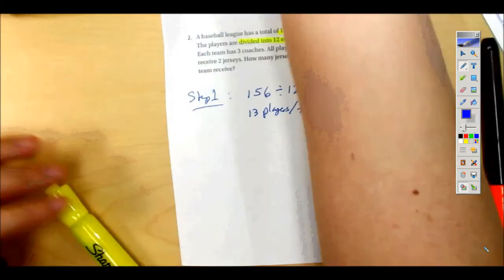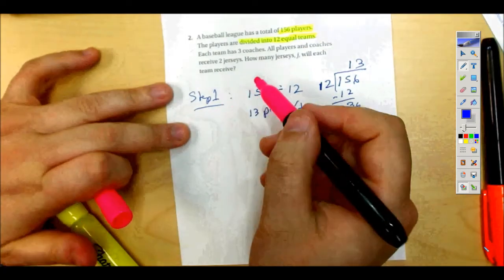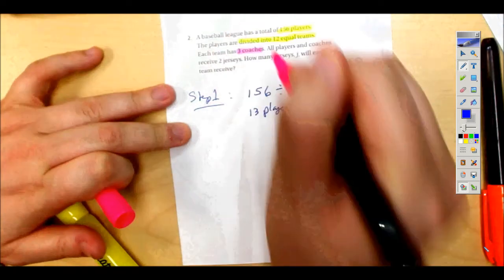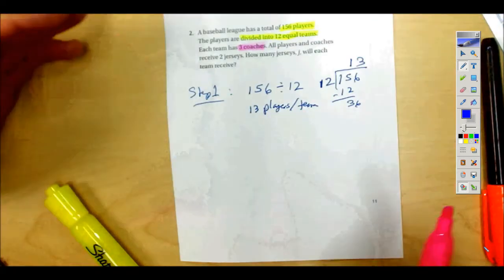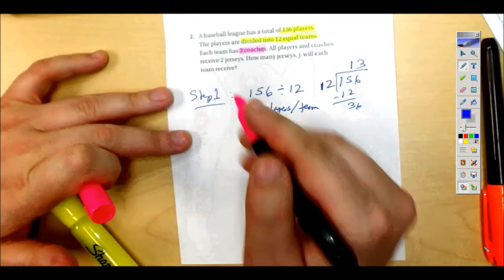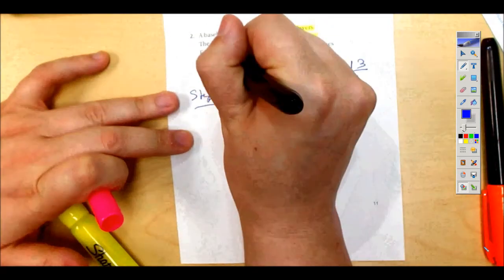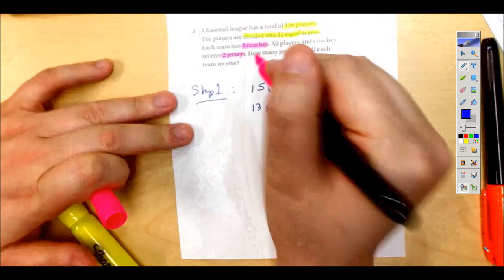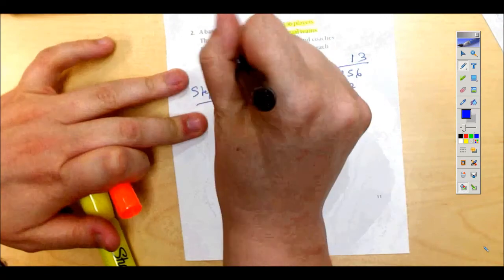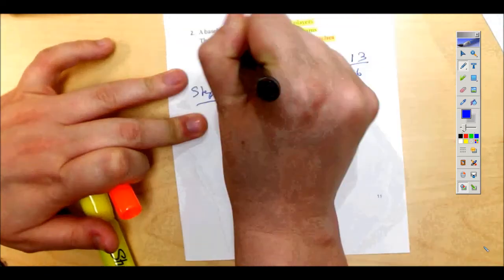So now I have, each team has 3 coaches. So there's 3 coaches. It's not telling me to do anything with those yet. All players and coaches receive 2 jerseys. Okay. So 3 coaches. Well, let me make that a different color. 2 jerseys. All players and coaches receive 2 jerseys.